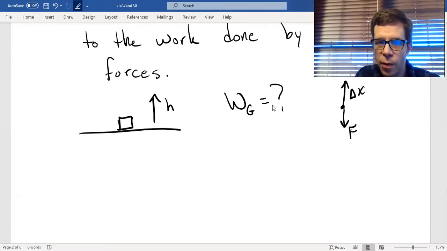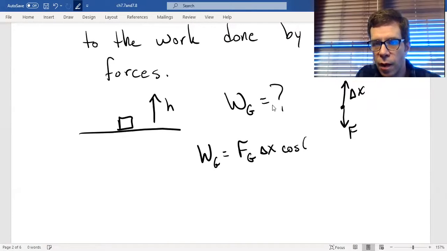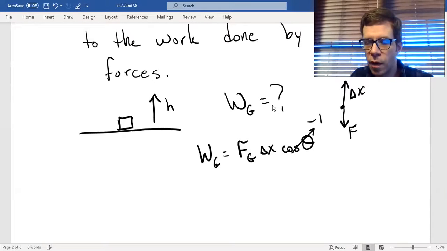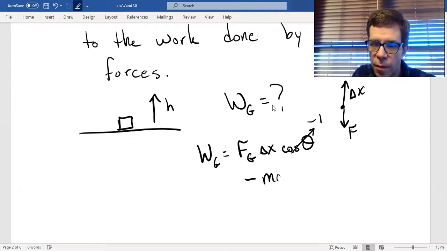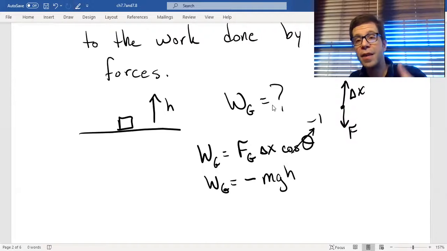What is the value of that work? Well, it's the force times the delta x times cosine theta, which cosine theta in this case is -1 because it's 180 degrees out. And delta x is h, so we have minus mgh is the work done by gravity lifting an object a distance h.